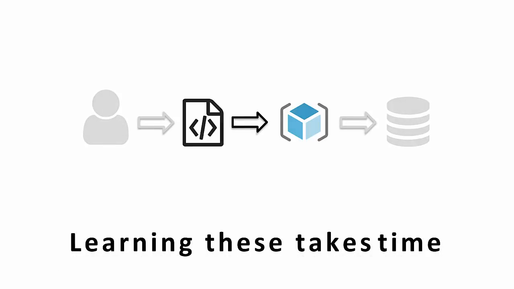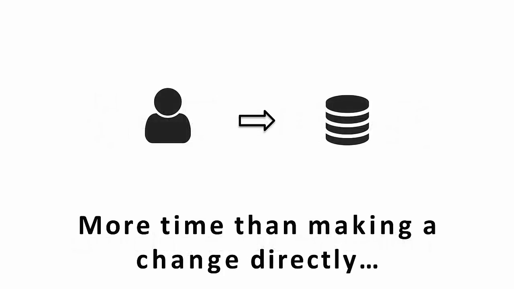However, learning how to do this JSON definition and talk to Azure with this language takes time. It takes practice. And more time than actually doing this thing by hand.